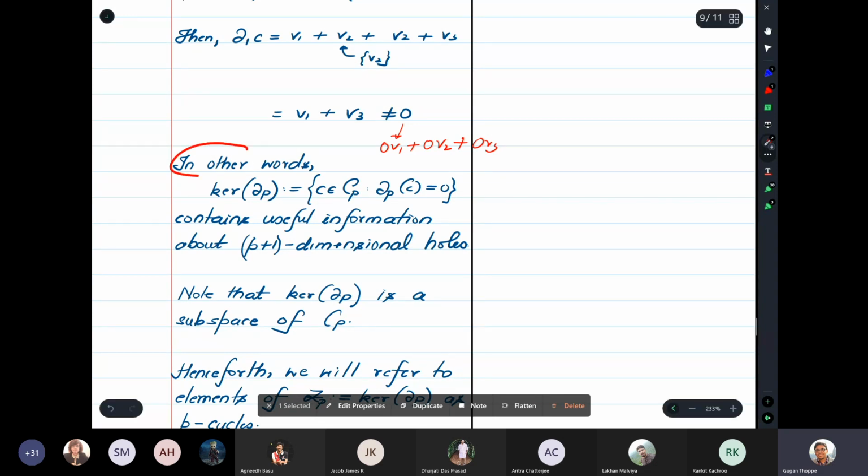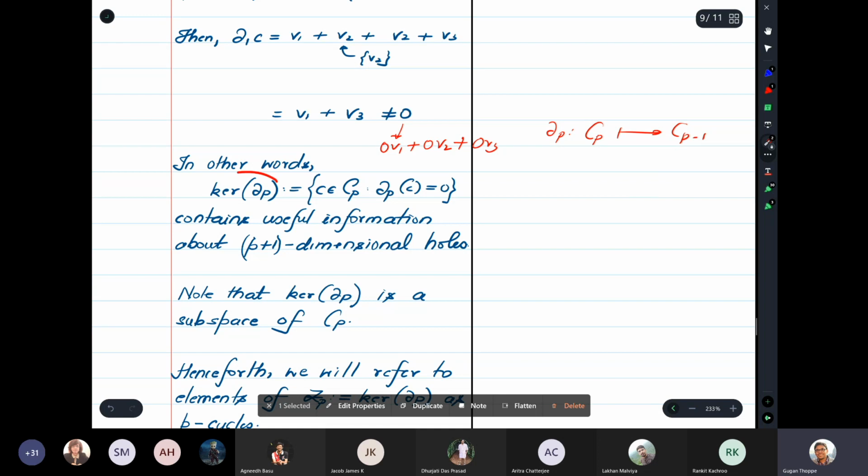Okay, more formally, if you look at the kernel of DABA-P, right? So let's try to understand what this formal word means. You have this operator DABA-P, and recall DABA-P goes from Cp to Cp minus 1, right? So if you look at the kernel of DABA-P, what does that mean? You look at the chains in Cp which get mapped to 0, which get mapped to the additive identity of Cp minus 1.